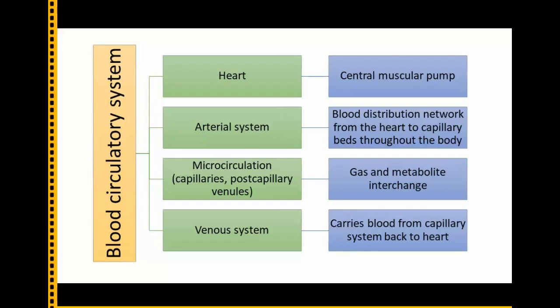Now this is the general structure of the blood circulatory system. We can divide it into these four parts. Generally the blood circulatory system is a hollow system. It has a pump, the heart.